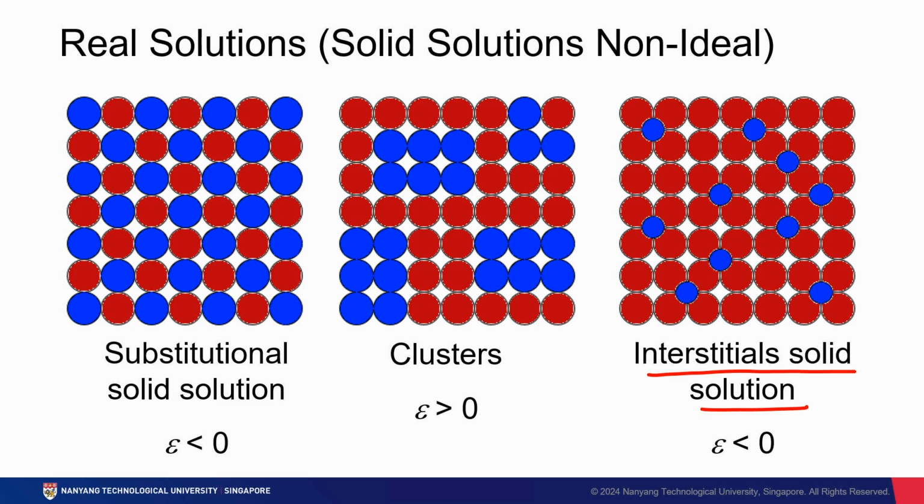If they were the same size and they were interspersed and homogeneously distributed within each other, it will be called a substitutional solid solution, which we've already described as unlikely. Most likely, we would be experiencing clusters within the solution itself, especially with atomic radii being the same.